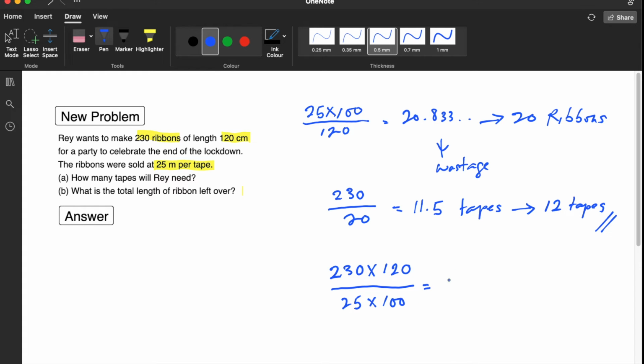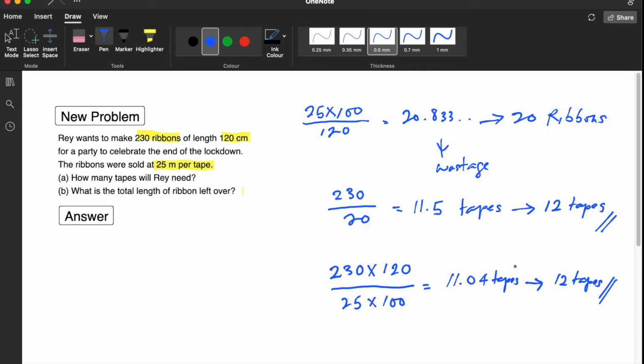If you take your calculator, I believe you're going to get 11.04 tapes. So what does this mean? This means we're going to require 12 tapes, which is the same answer as we get when we are using the correct method.